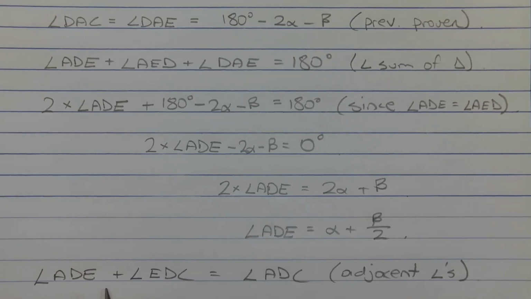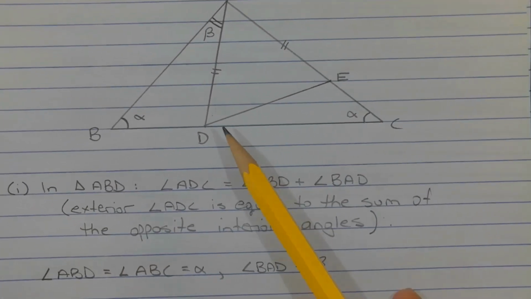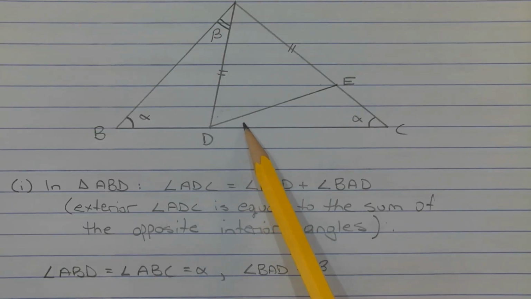Angle ADE plus angle EDC is equal to angle ADC, and that's because they are adjacent angles. So going back to the diagram, this angle here, angle ADE plus angle EDC is equal to angle ADC.